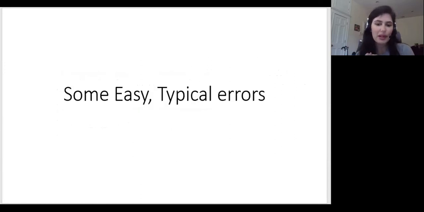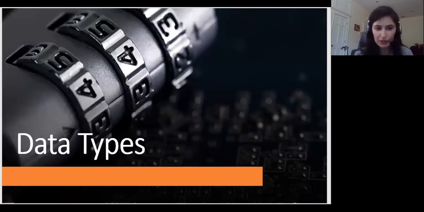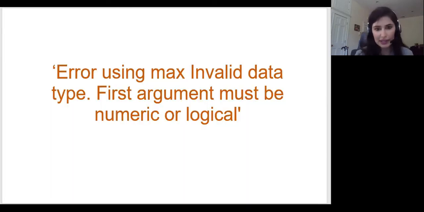So let's now see some easy and typical errors that you will probably face while coding. The first one regards data type. There are several data types, and sometimes you might get errors that say that something is not compatible with a specific data type, and so you need another data type in order to apply a specific function. For example, here, error using max, invalid data type. First argument must be numeric or logical. So what does it mean?